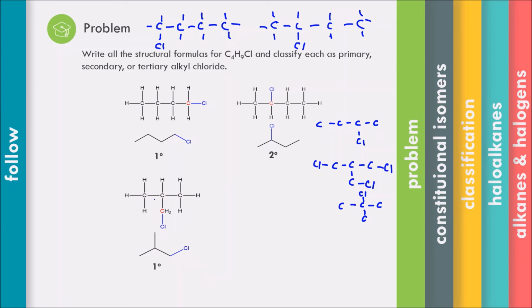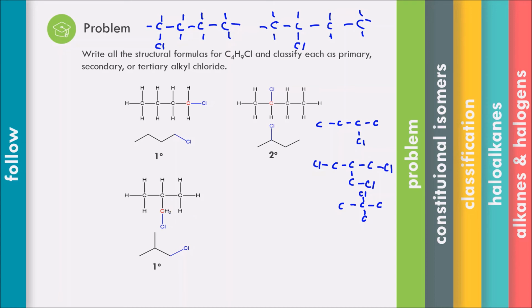Now let's take a look at the actual structures. We still have 4 carbons. There are 3 carbons in the longest chain, and we have a substituent, this carbon over here, and this carbon has the Cl group. It doesn't matter whether you put this chlorine on this carbon or that carbon, they would all give us identical structures.